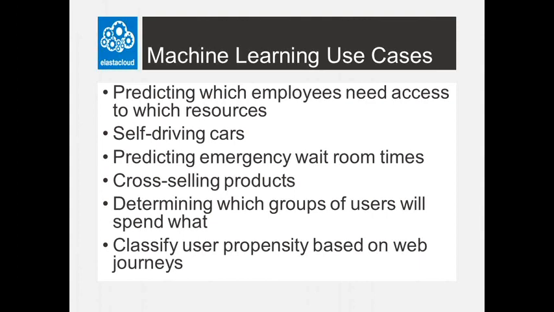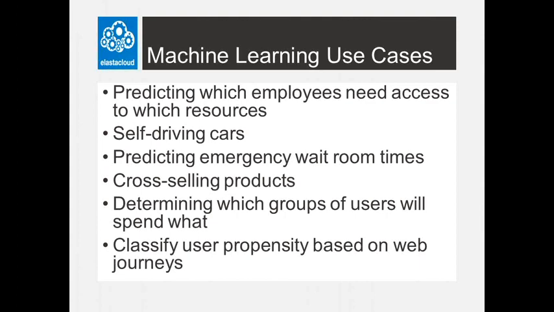There's a classic of self-driving cars which Google's investing quite heavily in. Predicting emergency wait room times, cross-selling products, which you'll hear about in an ASOS case study that I'll discuss. Determining which groups of users will spend what. Very, very common in the gaming case study that I'll talk about is to try to classify what's called the whale, that person that spends so much money on a particular game.